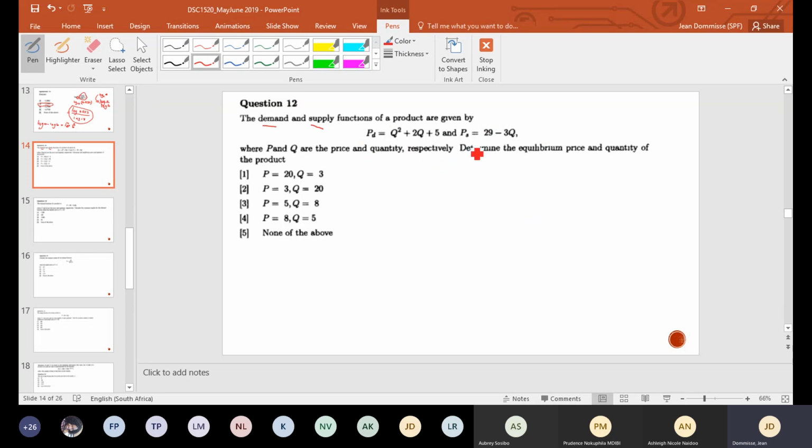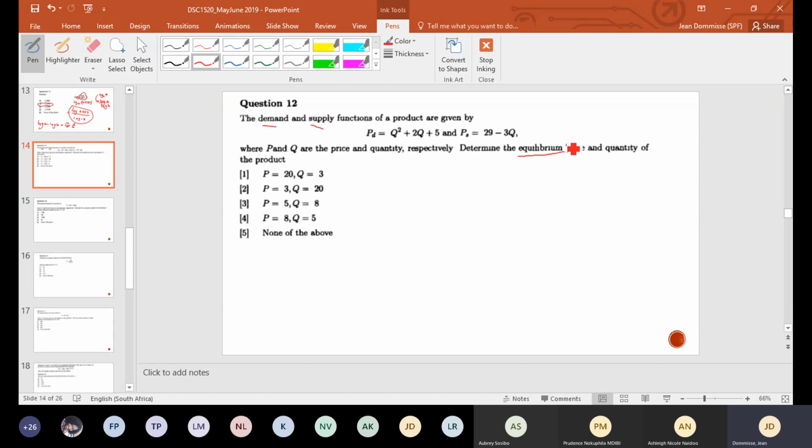We haven't really seen one where it's not the same type of formula. So that's why I thought this was an interesting one. But remember, the maths behind it still nearly stays the same.